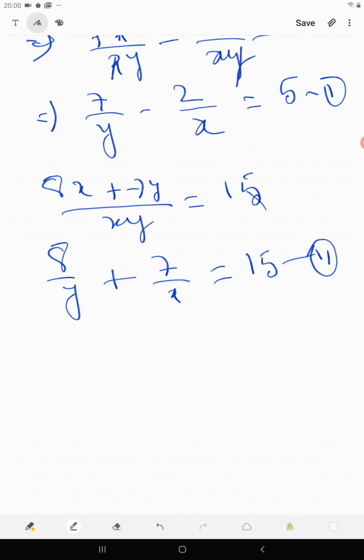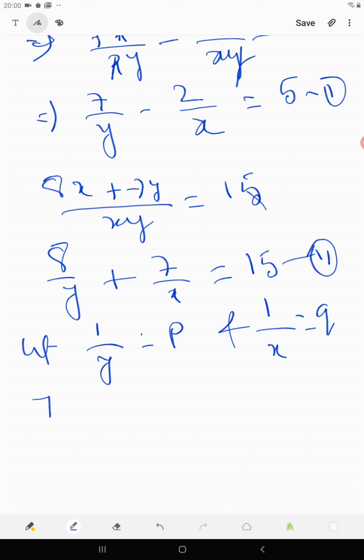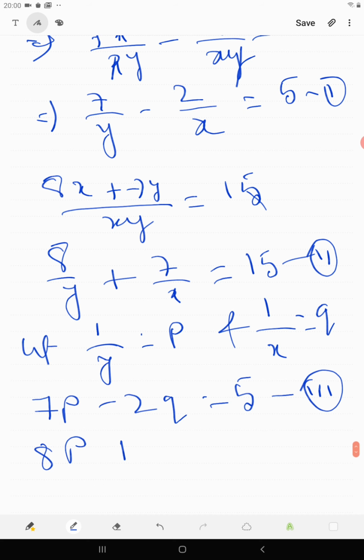So now let's assume, let 1 by y equals p and 1 by x equals q. So both the equations convert to 7p minus 2q equals 5. This is our equation 3. And 8p plus 7q equals 50.